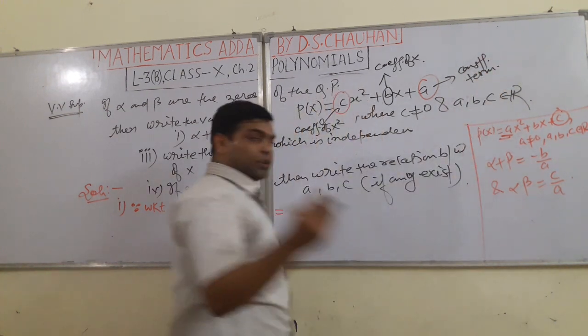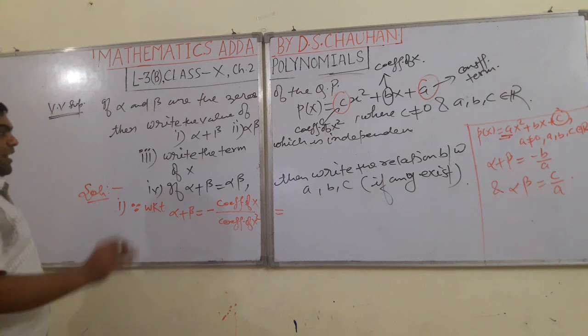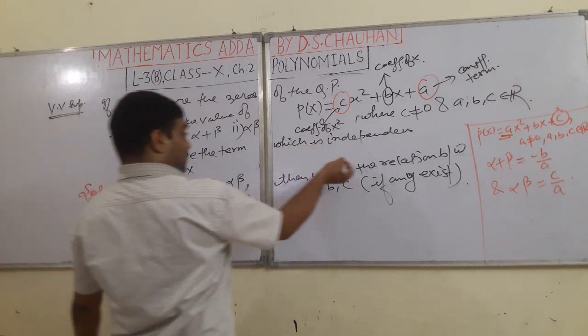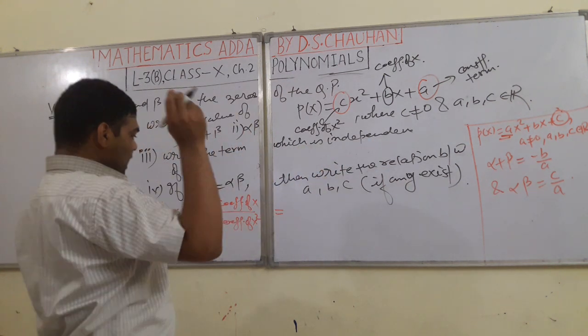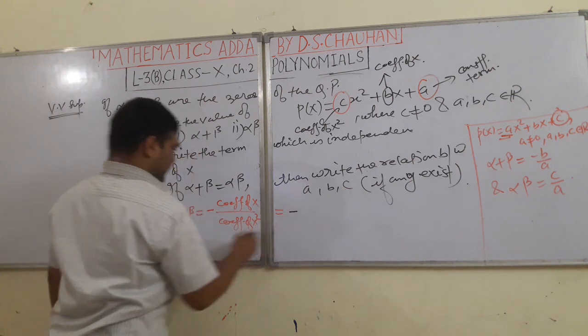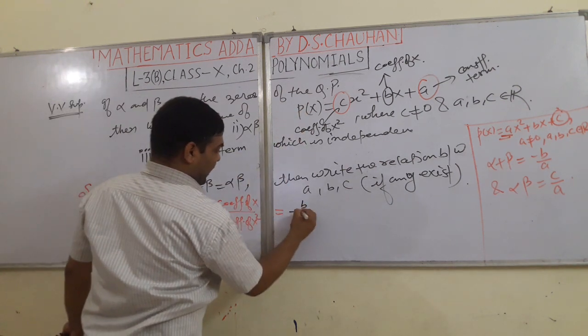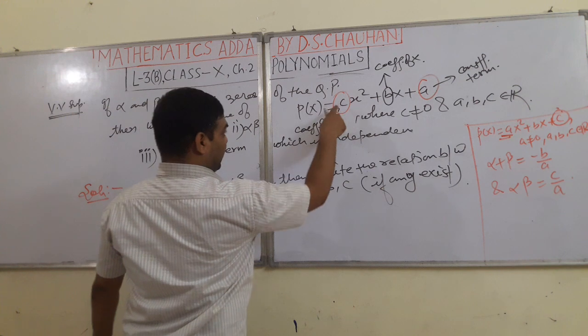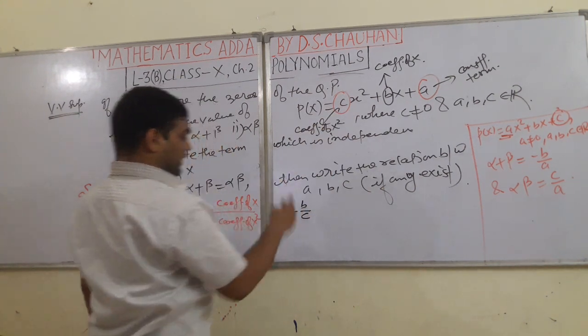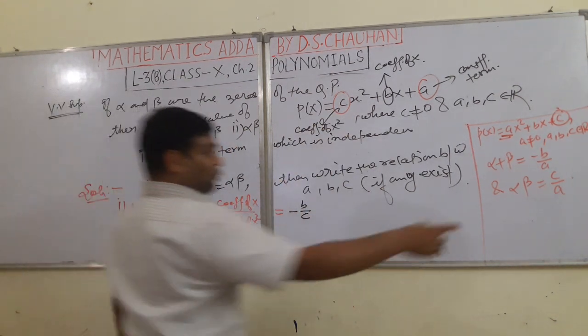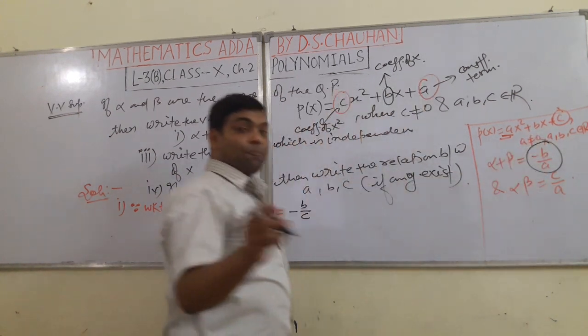Remember, this constant term is also called the term independent of x. So minus b upon c, but you know the usual formula is minus b upon a.